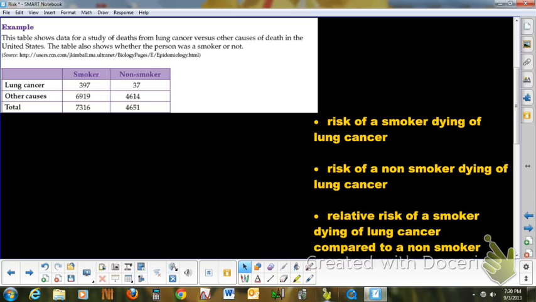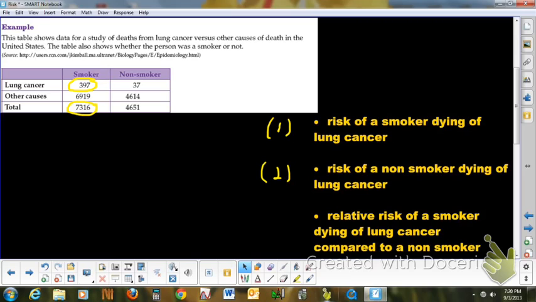Now, first thing we have to do is calculate these two things here. The risk of a smoker dying of lung cancer. It's like a conditional probability, all right? So we're taking a look at a smoker dying of lung cancer. And so we have 7,316 smokers, and 397 of those have developed lung cancer and died of lung cancer.